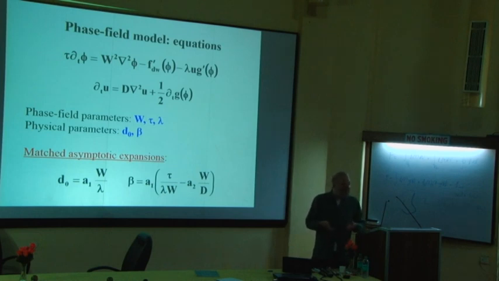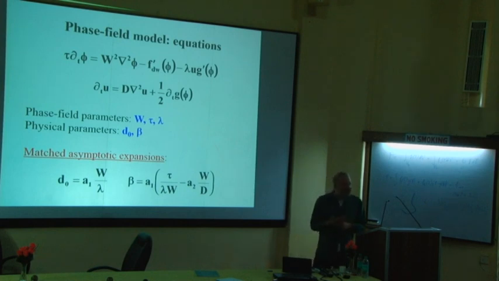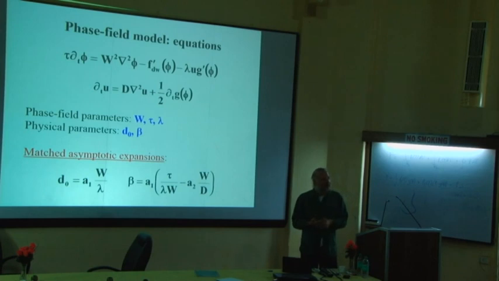So if I have to discretize on the scale of 1 nanometer, I will never be able to simulate a dendrite that has a scale of microns. Okay? So if I want to do calculations like the one I have shown and match this to anything that is interesting in metallurgy, necessarily I have to use interfaces that are much thicker than the physical ones.